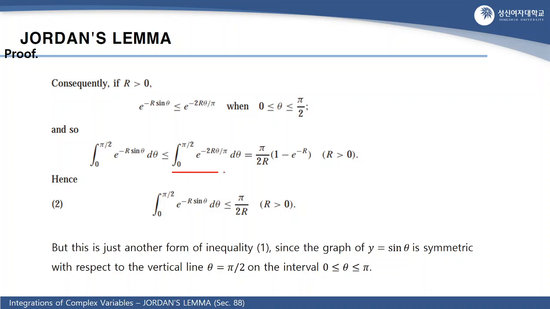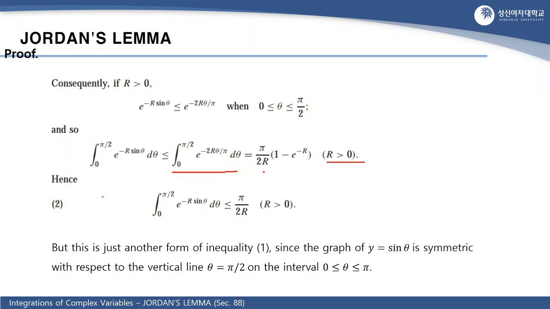Here we can compute this integral, and when you do that, you will get pi over 2 times capital R times 1 minus exponential of negative R. Here, capital R is greater than 0.